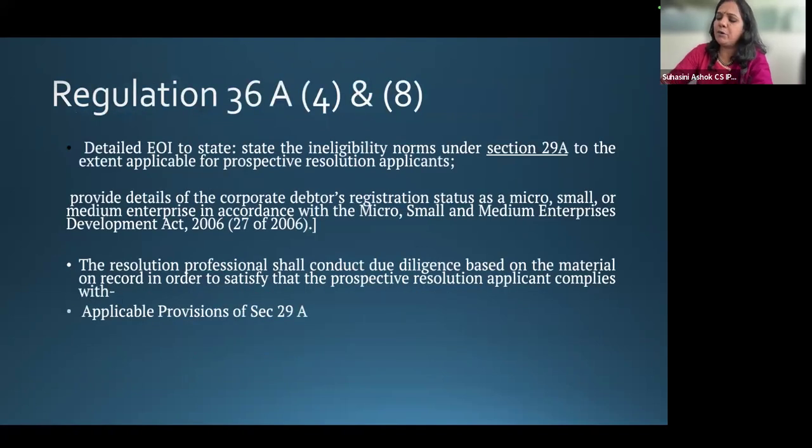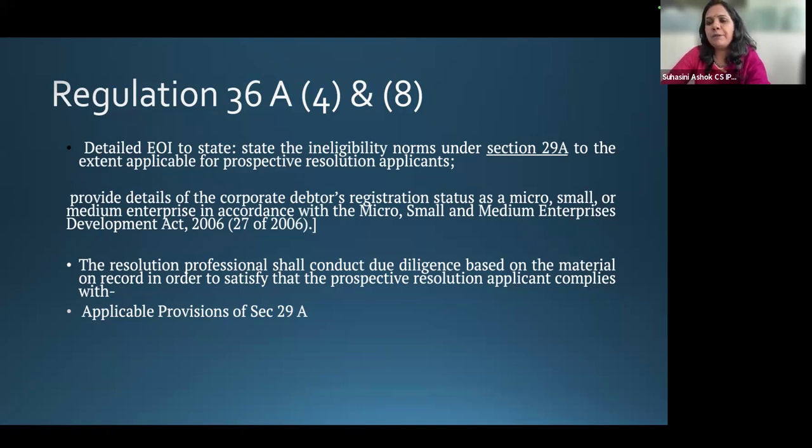Then we have the CIRP regulations, regulation 36A(4) and (8), which make reference to Section 29A. A detailed EOI must state the ineligibility norms under Section 29A to the extent applicable for prospective resolution applicants.